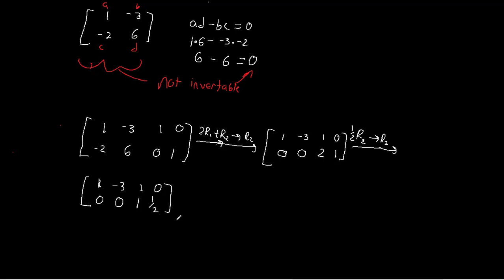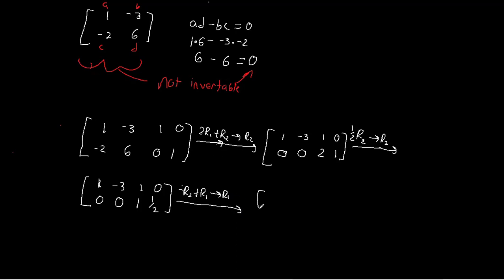Okay, so then the next goal is going to be to make the number above this leading 1 a 0. So that's going to be to make this a 0. And that's simply going to be -R2 plus R1 goes into R1.